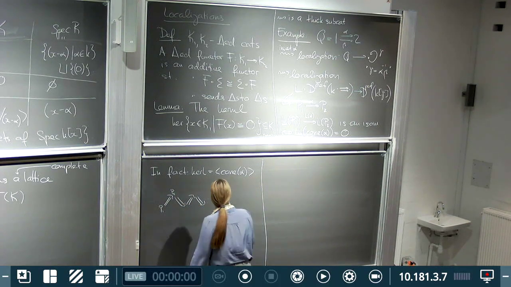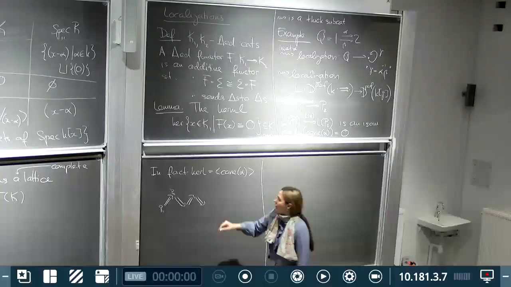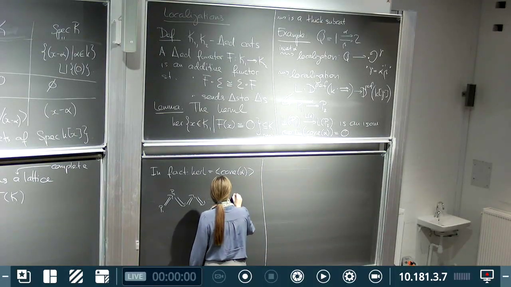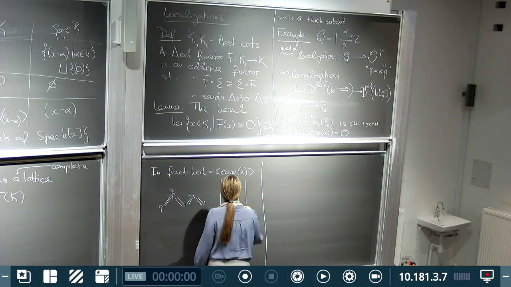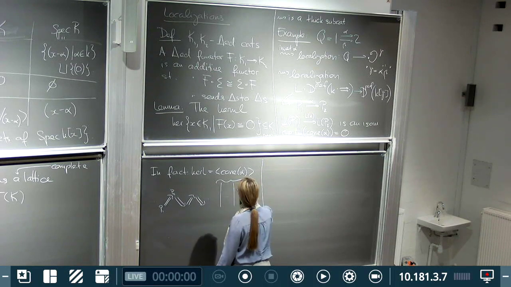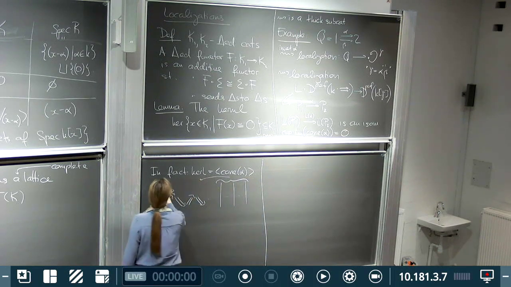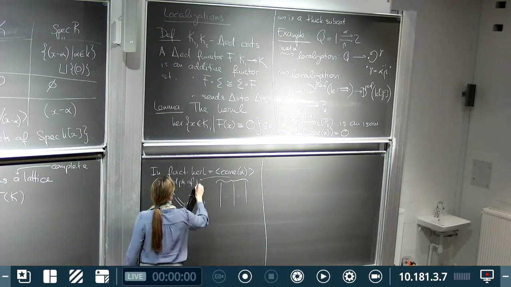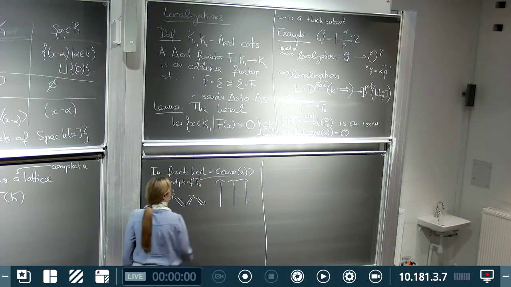Then you have a bunch of tubes, right, like we had over here, where, well, these tubes are labeled by closed points of the projective line.